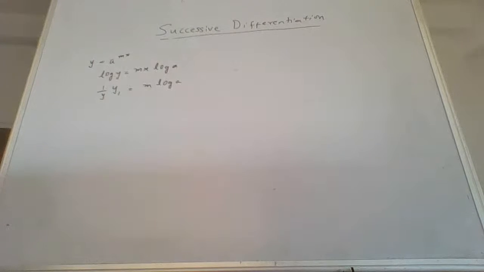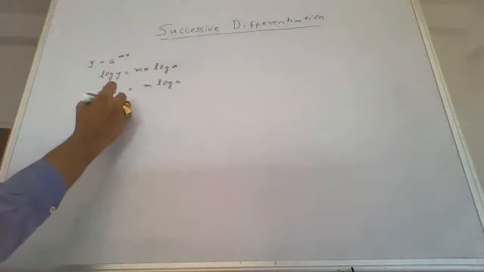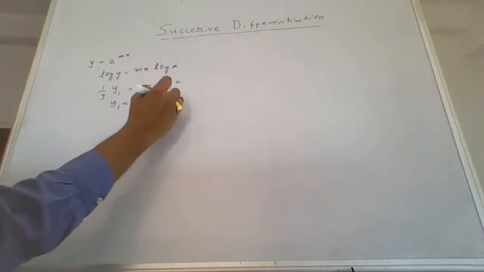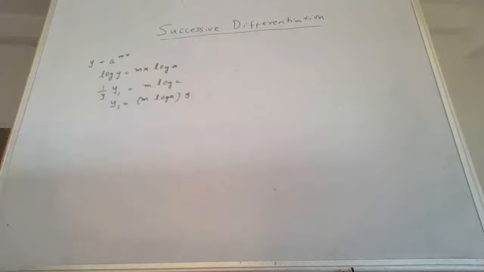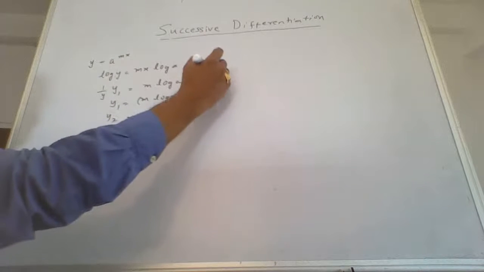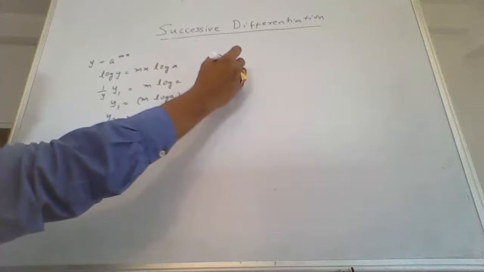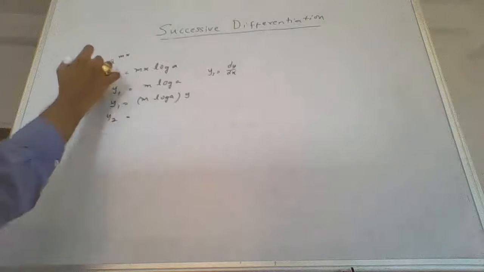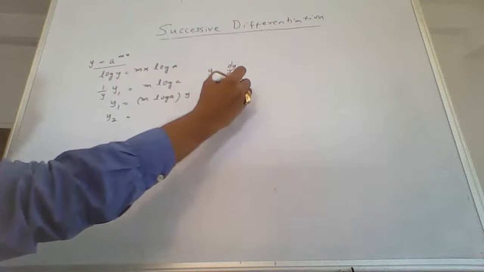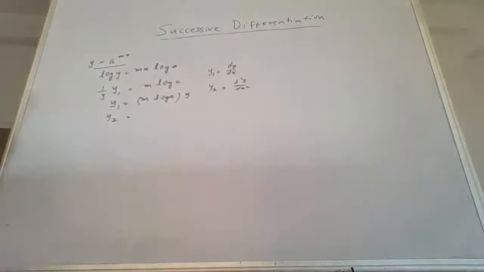Further simplifying, y1 will be m log a into y. Now let us find y2. Please remember y1 is dy by dx, and y2 will be d square y by dx square, which I have already mentioned in the class.